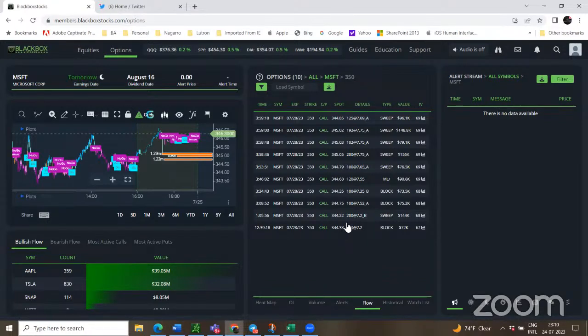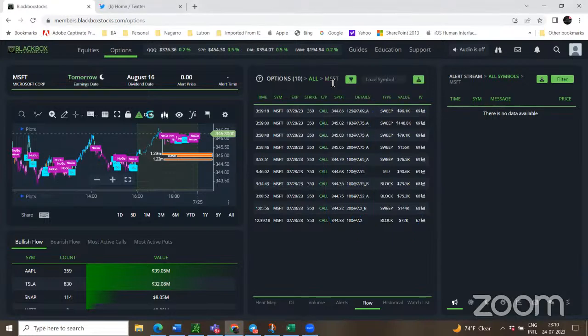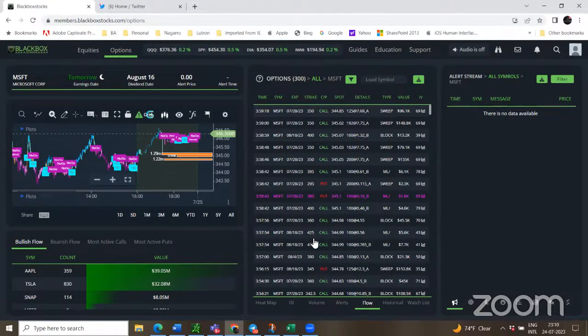And it's like they were added with some strength just because the IV is going up. The IV is going up from 67 to 69. So volatility is increasing. The price of the option is also increasing, up from 7.20 to 7.69, wherein the stock only moved 50 cents. The option also moved 50 cents. So this shows that yes, there are people who are interested to go long on Microsoft. That's one trade.